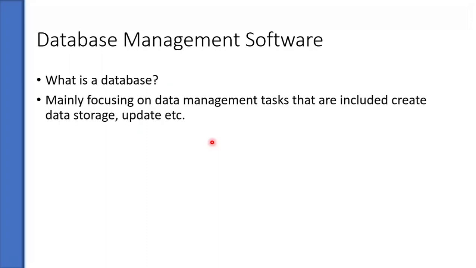Under database management software, we mainly focus on data management tasks, and you may see DBMS, database management systems, used to perform these tasks. These include create, store, update, delete, and you can assign roles, you can delete roles, user roles. User roles means privileges. Privileges means what you can do with this database. That kind of thing is there.